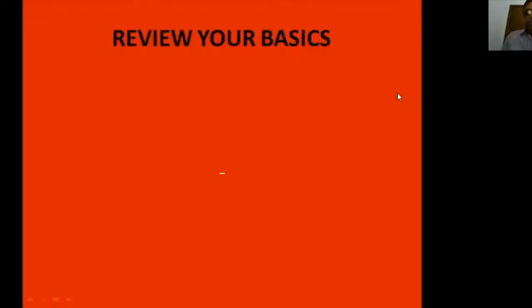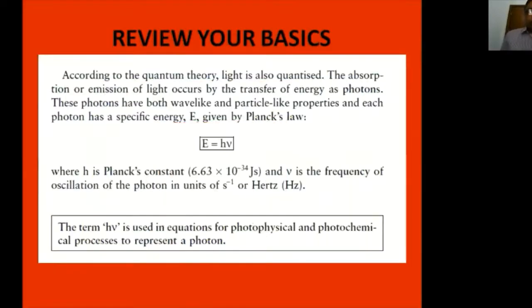And once this excitation happens, we also should know some of the basics of the absorption phenomenon. Let us try to review it as we learn. As I already mentioned, the basic law is Planck's law, E is equal to h nu. h is Planck's constant, which has a value of 6.63 times 10 to the power of minus 34 joule second, and nu represents the frequency.